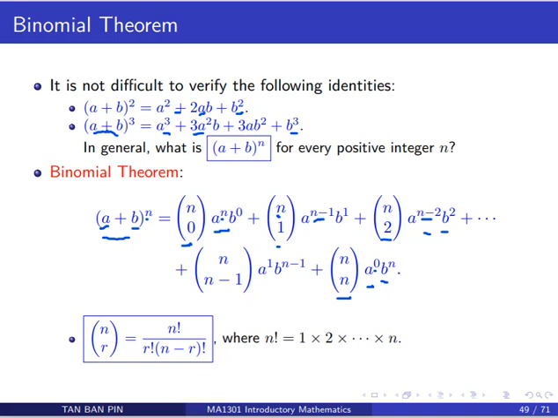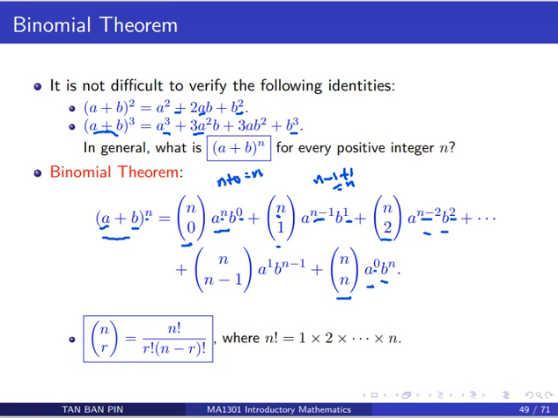And the back term b, you start from b^0, b^1, b^2, until b^n. If you write any term, you add the power of a and power of b: n plus 0 is n; here, n minus 1 plus 1 is still n. So for any term, the sum of the powers of a and b is always n.